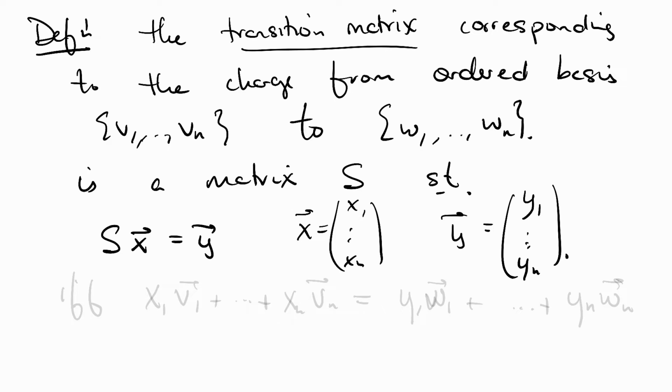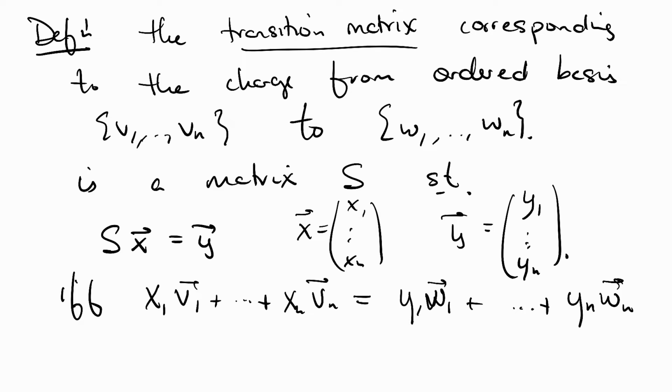Sx is equal to y if and only if x1 v1 plus dot dot dot xn vn is equal to y1 times w1 plus all the way up to yn times wn.